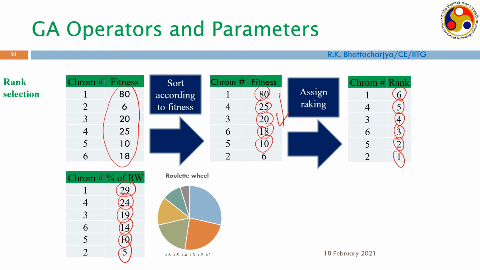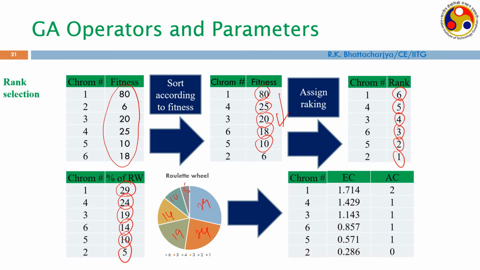So let us draw the roulette wheel now. This is the roulette wheel: this is 29%, then 24%, this is 19, then 14, 10, and 5%. Now you play the roulette wheel either 6 times, or you can use proportionate selection.